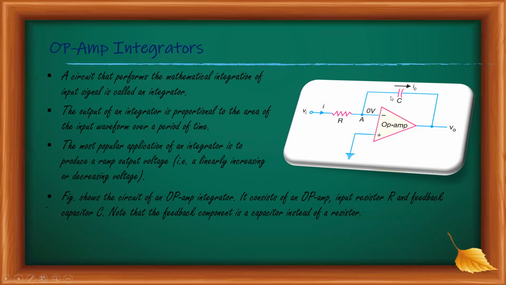The circuit consists of an op-amp, an input resistor R, and a feedback capacitor C. Here the feedback component is a capacitor instead of a resistor as in the previous cases.